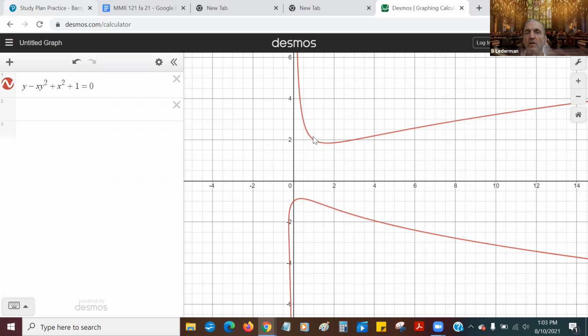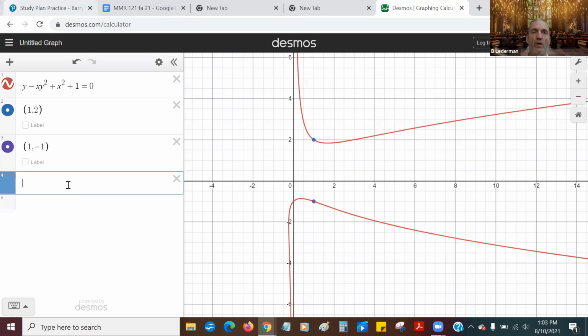That's the point 1 comma 2, and the other is 1 comma negative 1.